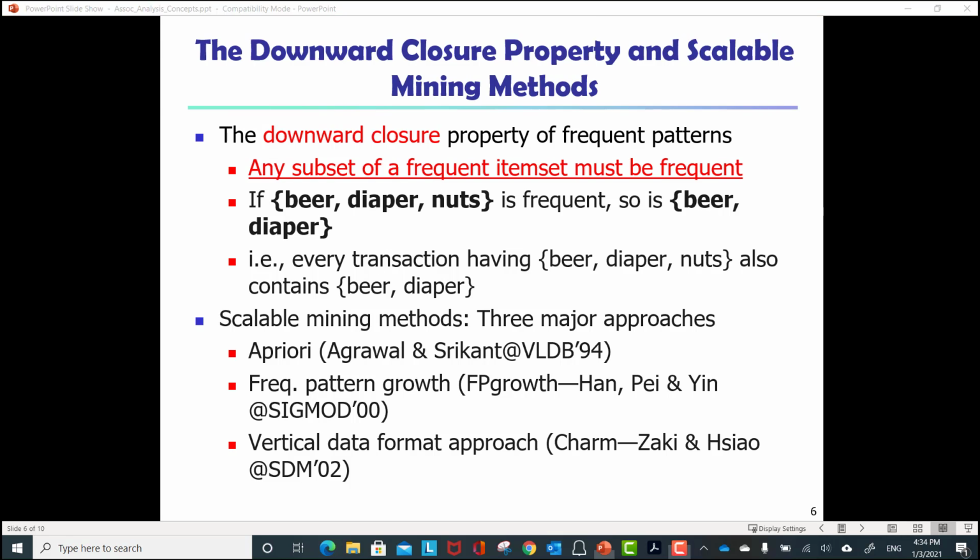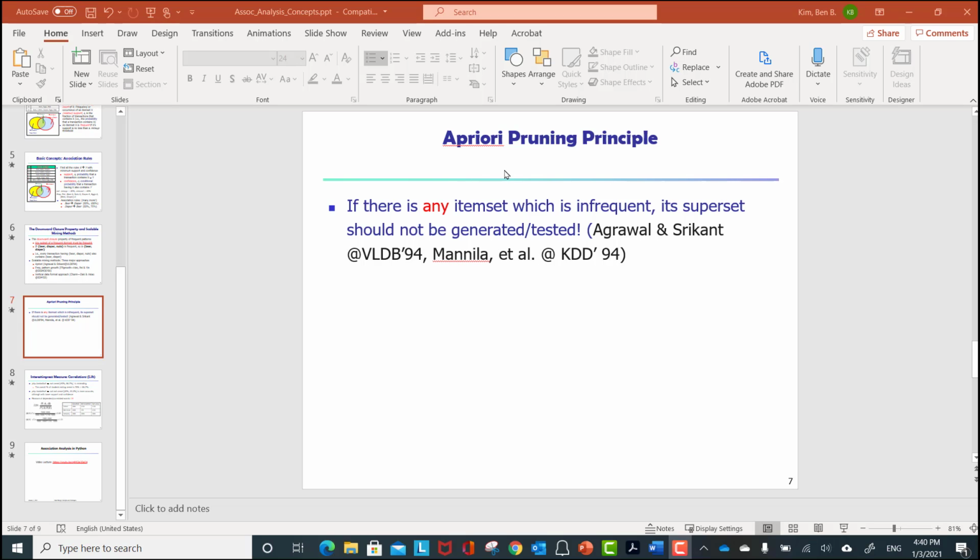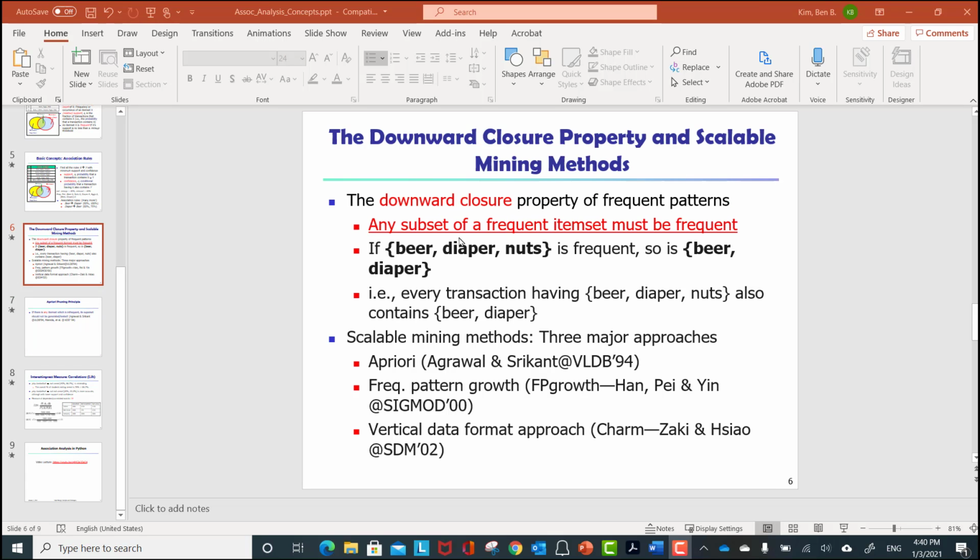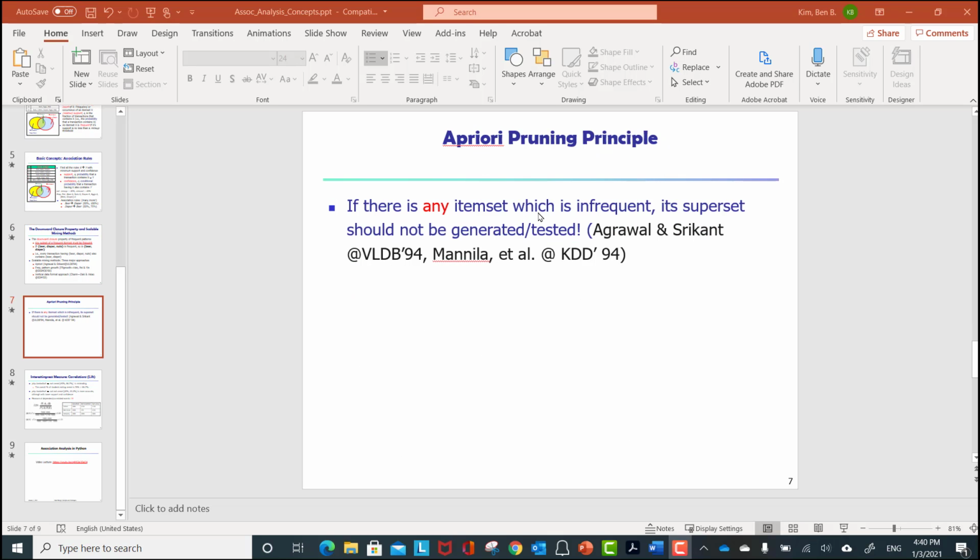The Apriori pruning principle is as follows. If there is any item set which is infrequent, its supersets should not be generated or tested. When you think about it, that's exactly the other way around of this property. Let me say it again.